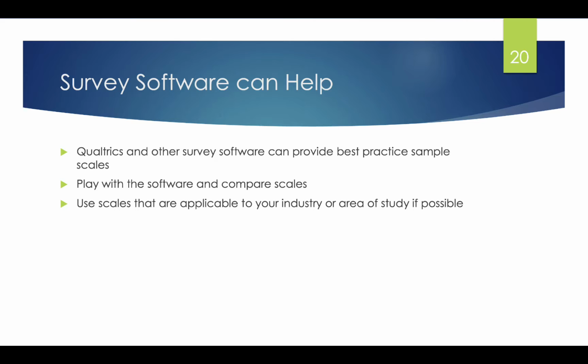I find this really helpful, particularly while you're learning, because these are based on some of the most brilliant statisticians in the world who have created surveys through these survey tools, and you're just benefiting from those best practices. Play with the software while you're doing this. Compare scales. See what would make sense, but always remember that the scales you use have to measure the action you want to take with the research.